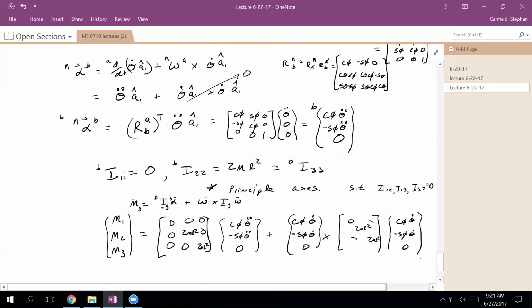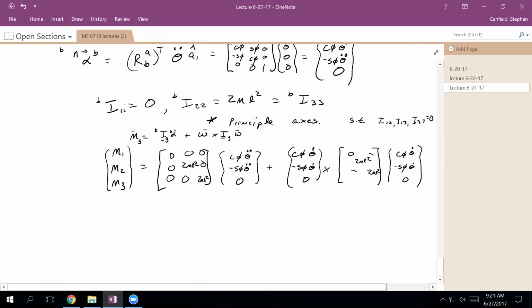Now I'm doing a little extra work here. We already had this expanded out for the principal I, but I think we can see this okay. So the first term, straightforward. This first guy is going to be 0, 2ml squared times negative sine phi theta double dot, and then 0. That's the first term.